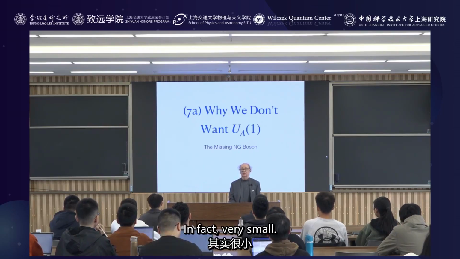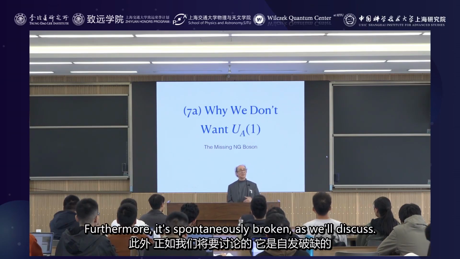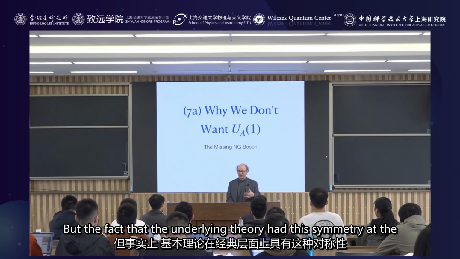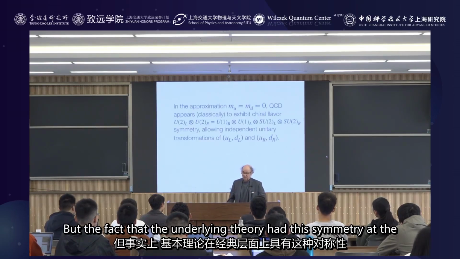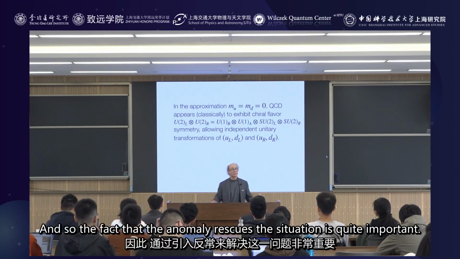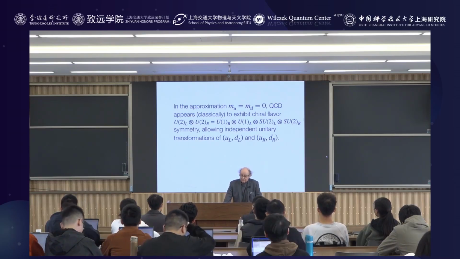In fact, they're very small, so this is an approximate symmetry. Furthermore, it's spontaneously broken, as we'll discuss, but the fact that the underlying theory had this symmetry at the classical level was potentially a big problem. And so the fact that the anomaly rescues the situation is quite important.